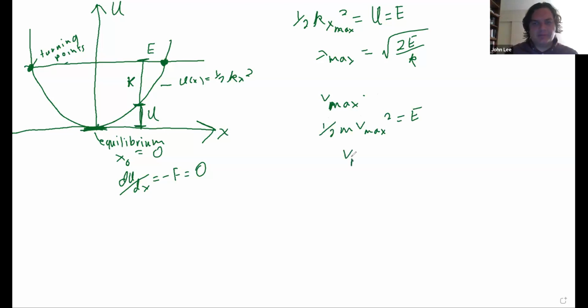So v max is equal to the square root of 2e over m. At the bottom of the potential well at the equilibrium, U equals 0, so E is entirely kinetic energy, which means that this equation holds true.